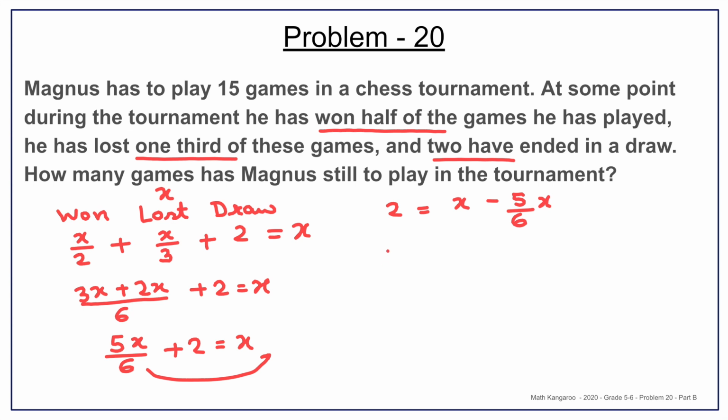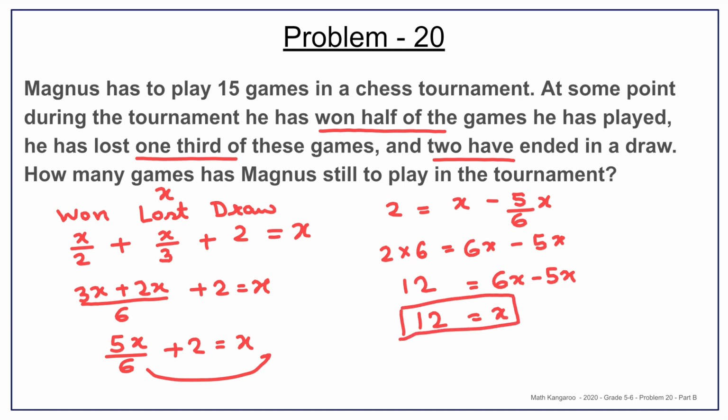So we multiply by 6 on both sides. So we get 2 multiplied by 6, 6x minus 5x, because this 6 cancels. So we get 12 equals to 6x minus 5x, 12 equals to x. So he has already played 12 games.